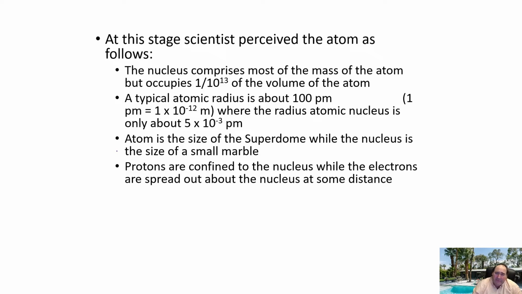So is there going to be some attraction between the nucleus, which at this stage of the game we know has protons in it, and electrons, which are obviously negatively charged? And the answer, hopefully, that you are saying to yourself is yes, because again, here we have that opposites attract.